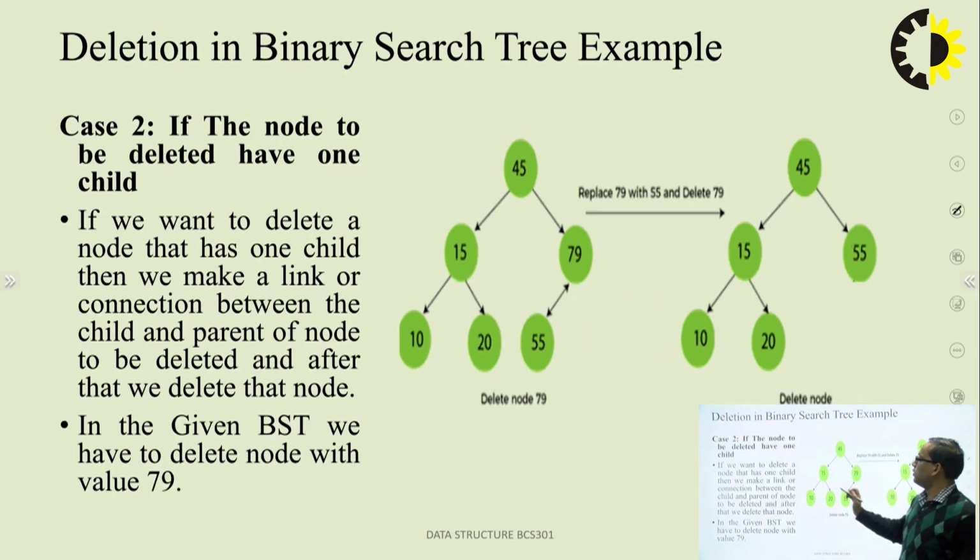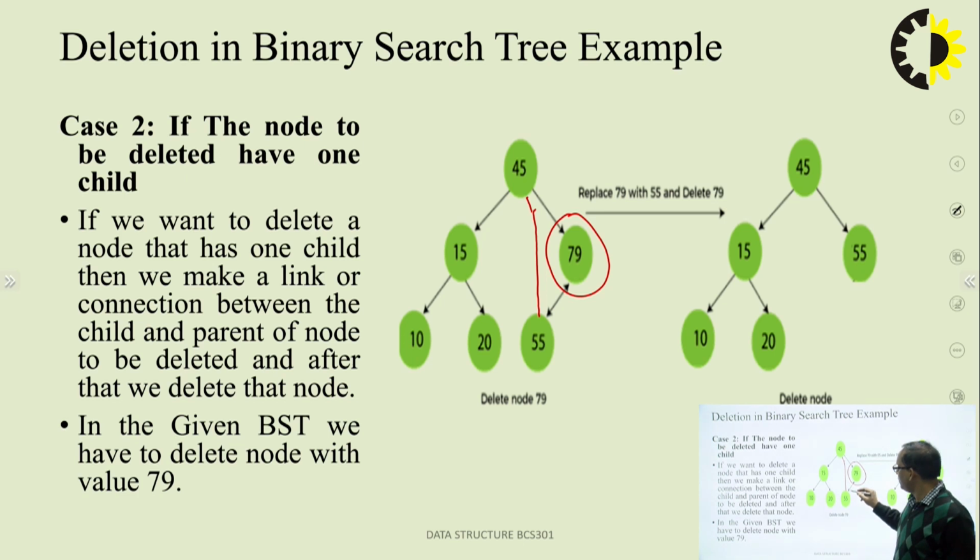Case 2. Whenever we have to delete a particular node which has one child. For example, here we have to delete 79. Since 79 has one child, that is 55, what will we do? We will make a connection between the parent of the node to be deleted and its child, and after that we will delete it.